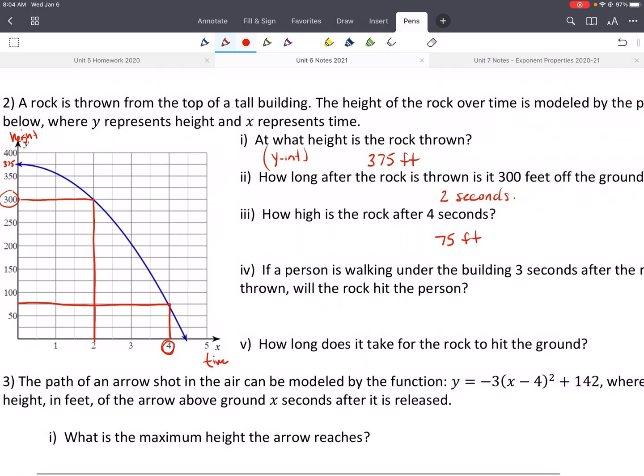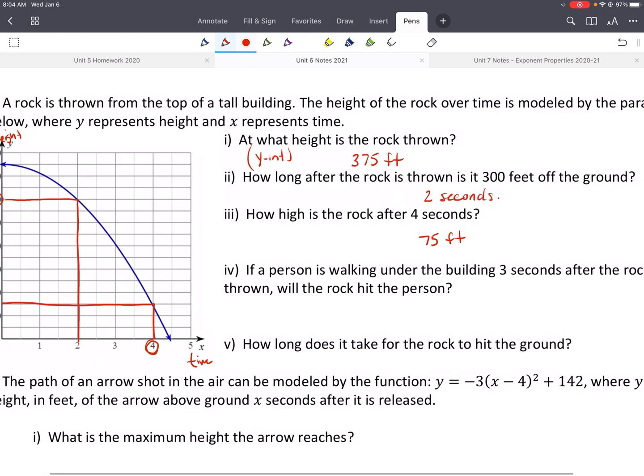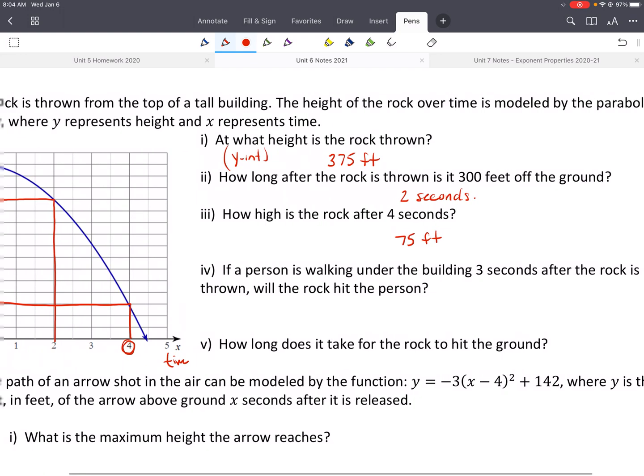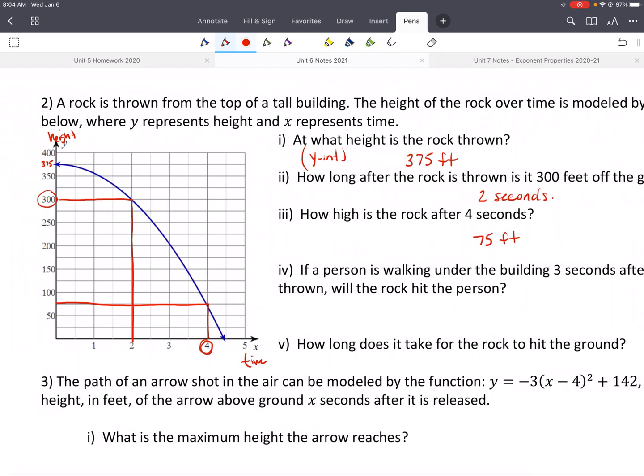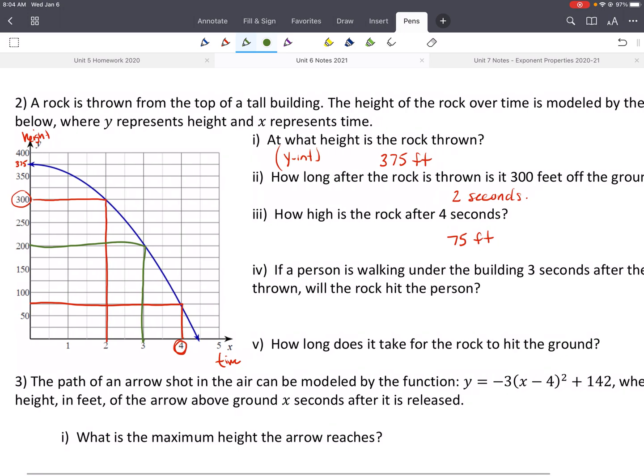If a person is walking under the building 3 seconds after the rock is thrown, will the rock hit the person? Okay, after 3 seconds, maybe I'll use a different color this time, it's at 200 feet high. So here I would probably say no, because people aren't 200 feet high. If the person stays where he's at, then perhaps they will get hit.